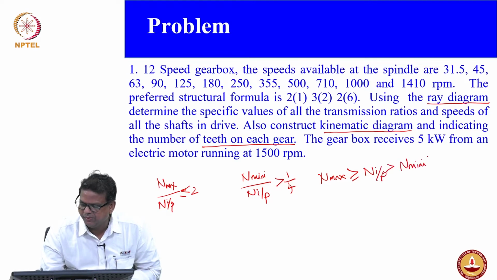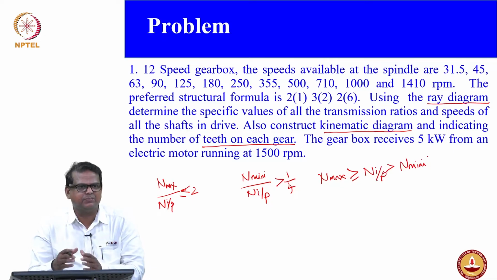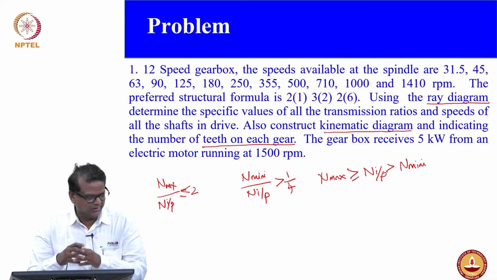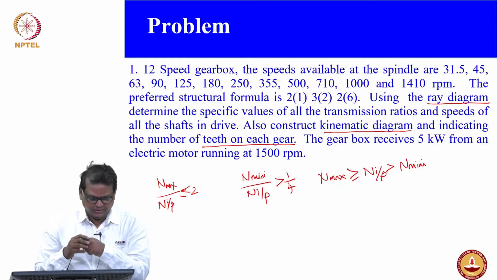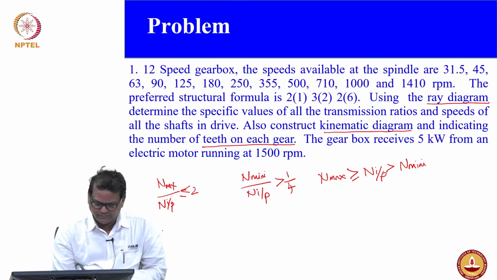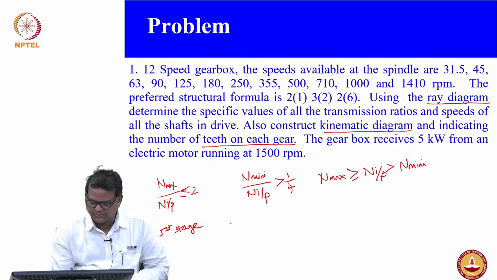This needs to be followed in all stages except the first stage. Okay. That clearly says in the first stage, you already know the ray diagram, so I am just going to tell you how to do that.